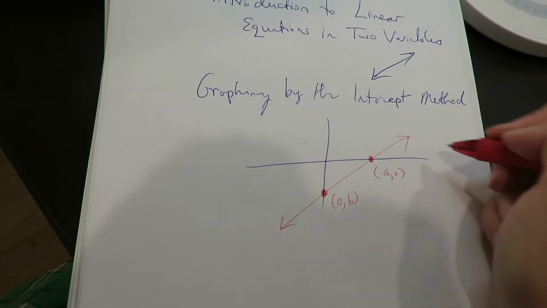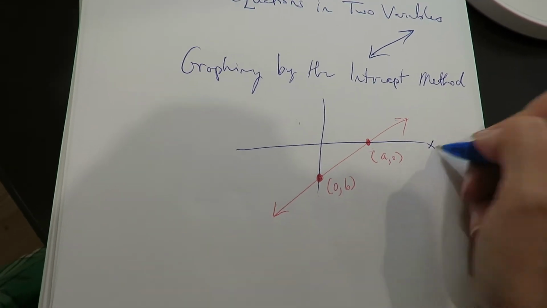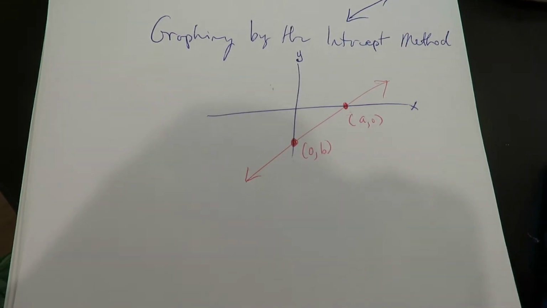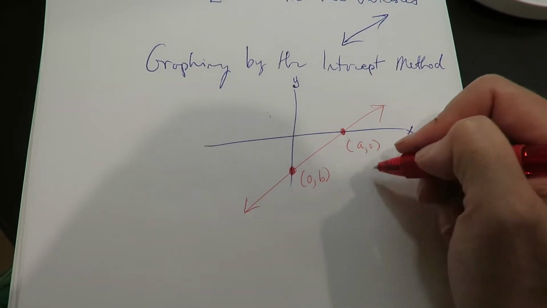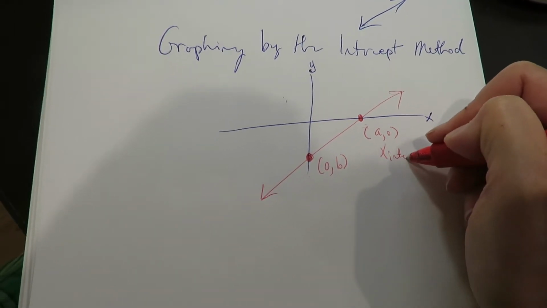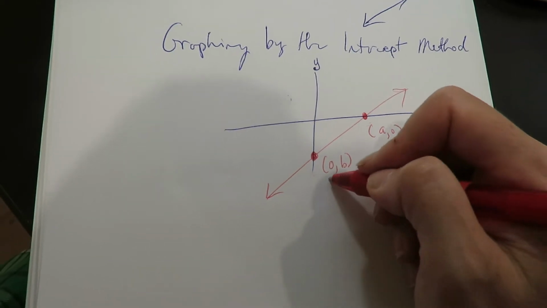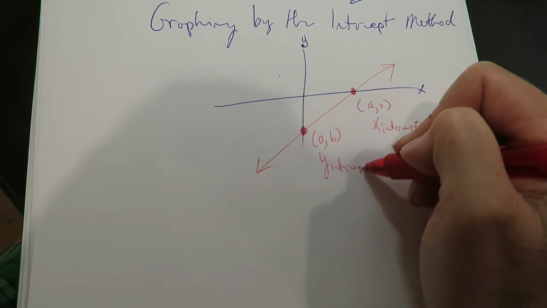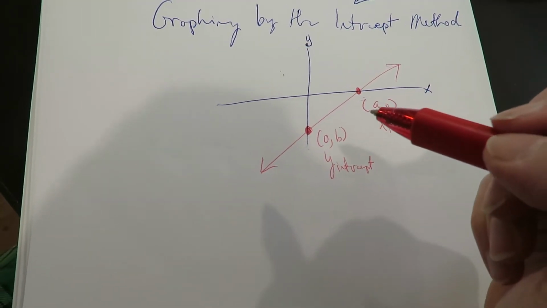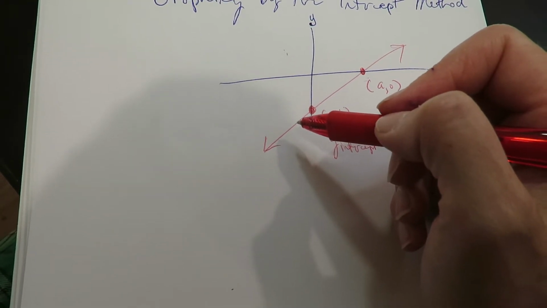All right, so this is the x-axis on the horizontal, the y-axis is the vertical. The x-intercept is where you cross the x-axis. The y-intercept is where you cross the y-axis. Okay?